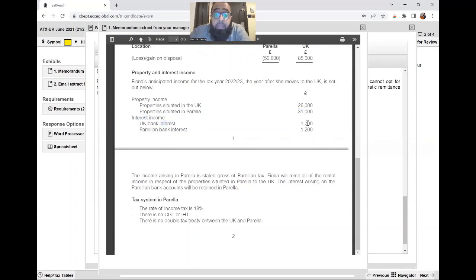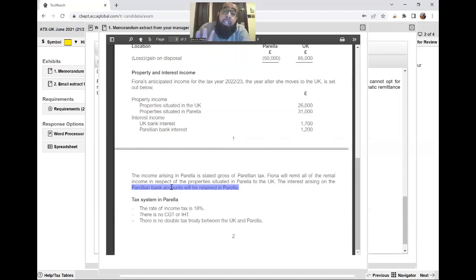UK bank interest is 1,700, Kerala bank interest is 1,200. The income arising in Kerala is stated gross of overseas tax. Fiona will remit all of the rental income situated in UK. The interest arising on the Kerala bank account will be retained in Kerala.